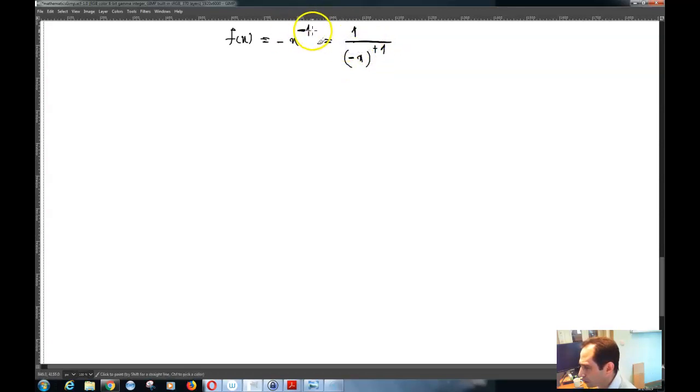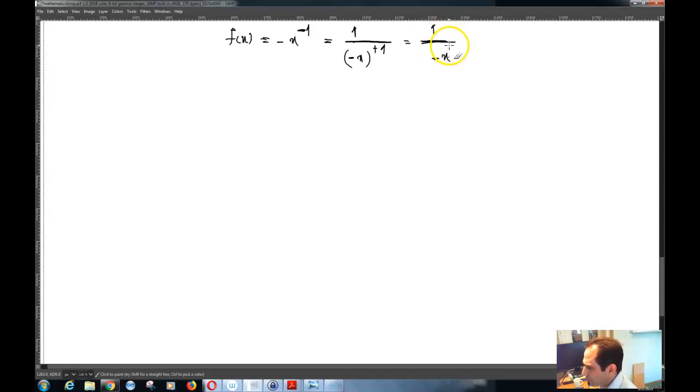So the exponent negative 1 becomes positive 1 if your x goes to the denominator, or you can just simply write this as 1 over negative x.